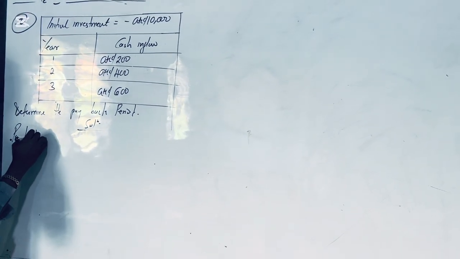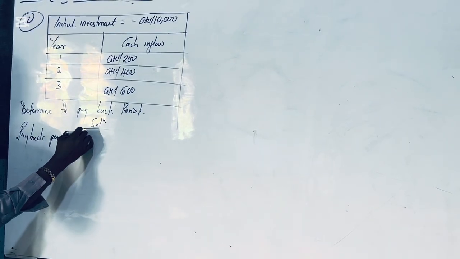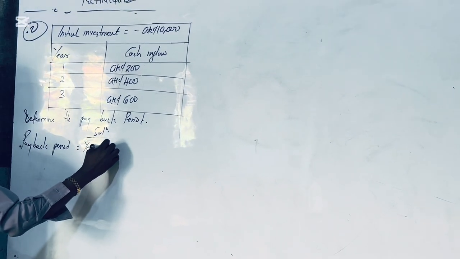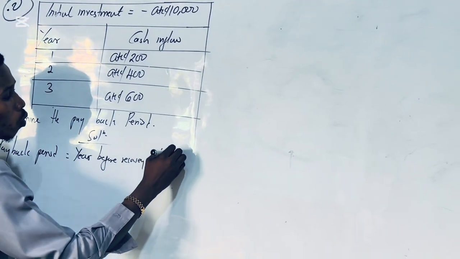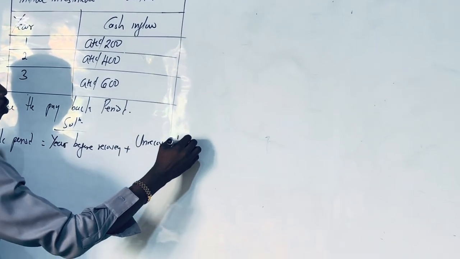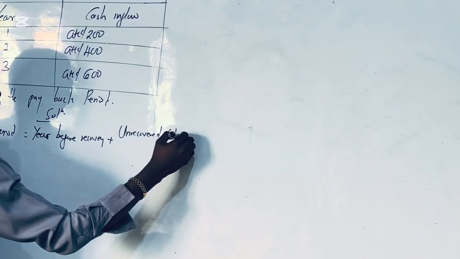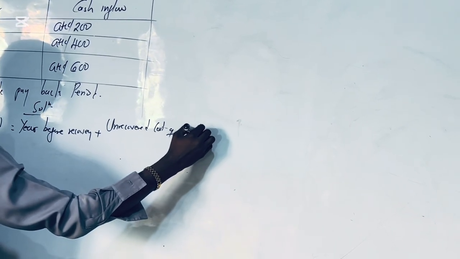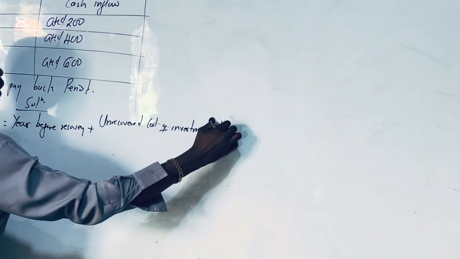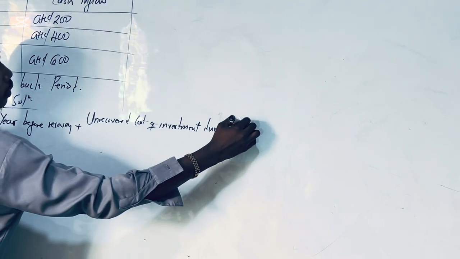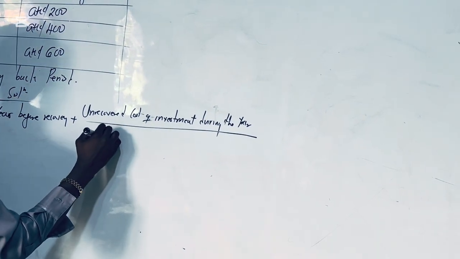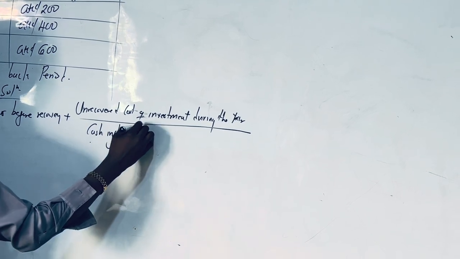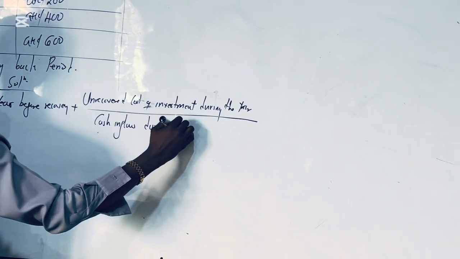So remember we said the formula is: your payback period is equal to 1 year before recovery plus unrecovered cost of investment during the year, that is that year, over the cash inflow during that year.